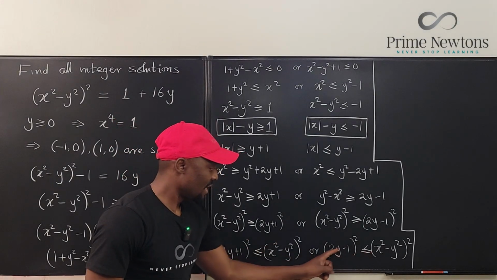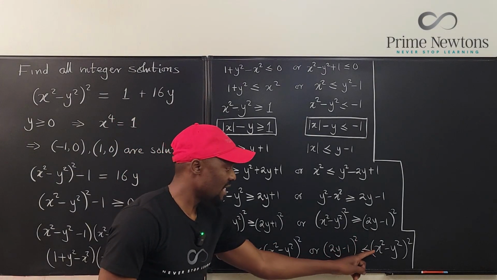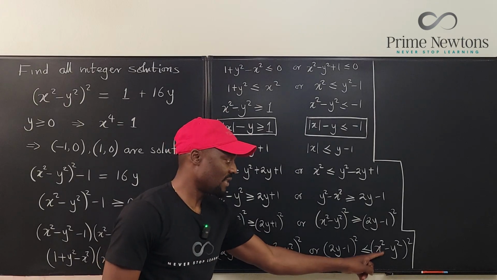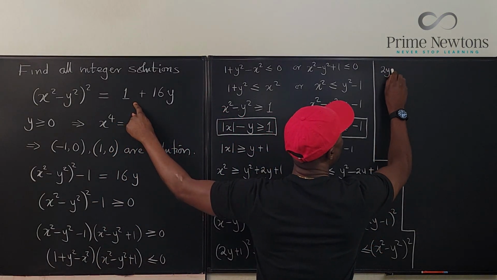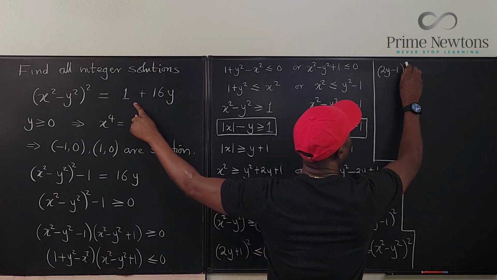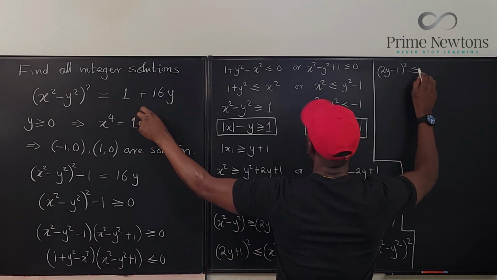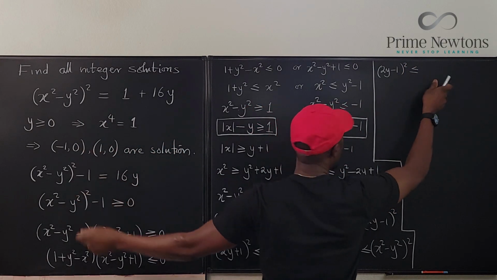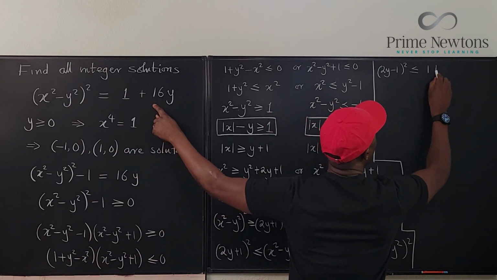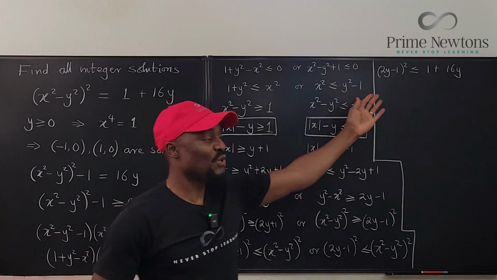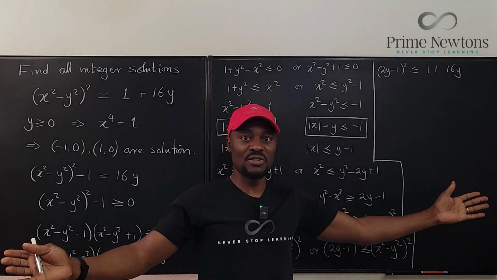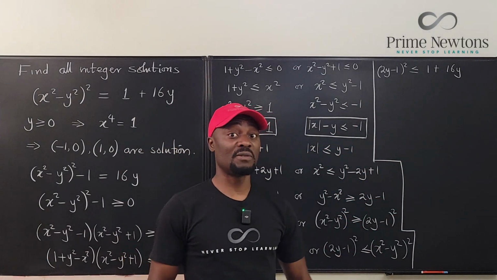Here we have 2y minus 1 squared is less than or equal to this, but this is going to be replaced by this. So we have 2y minus 1 squared is less than or equal to 1 plus 16y. That's it. You solve this equation, you get a range of values. Those are all the possible values of y.